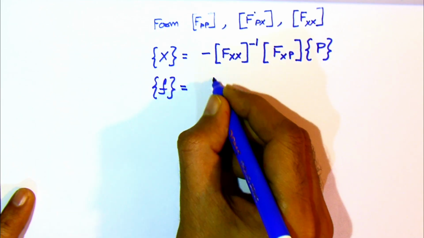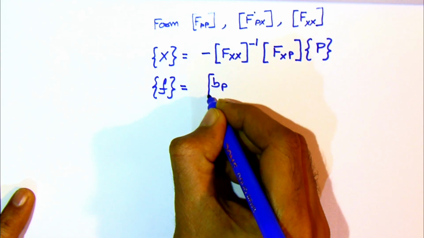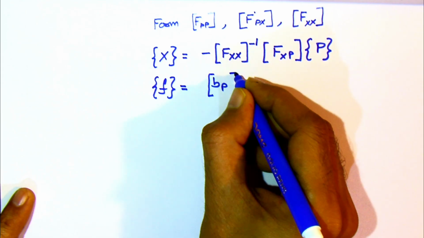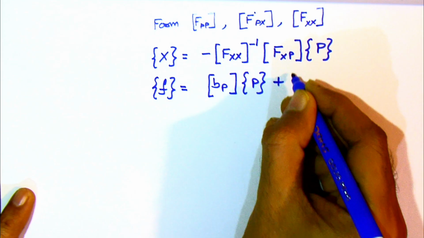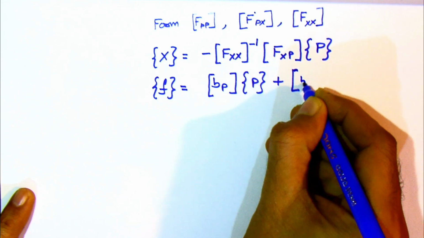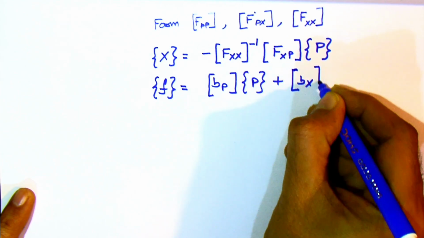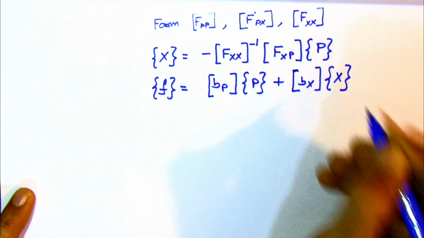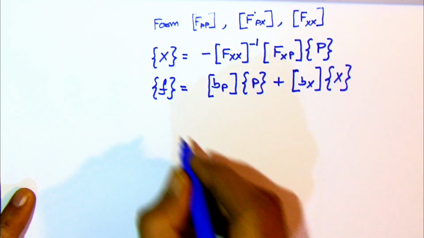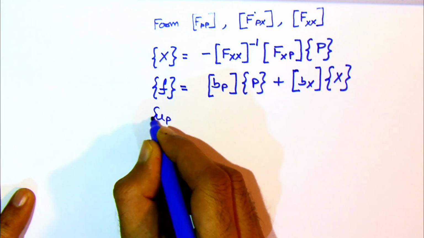Then the internal forces can also be obtained by making use of the force transformation matrices BP and BX. So each has to be multiplied with the corresponding vector, either P or X, as shown here.